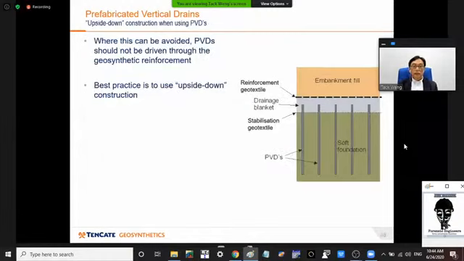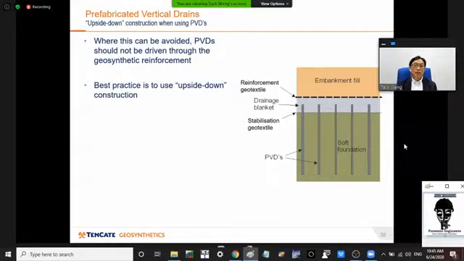Some pointers about how the installation is done. Where this can be avoided, the PVDs should not be driven through the geosynthetic reinforcement. If that is unavoidable, you have to factor in how much damage is caused to the geosynthetic reinforcement as a result.